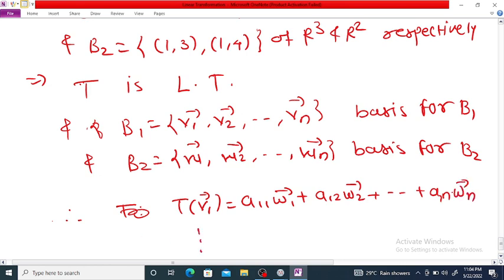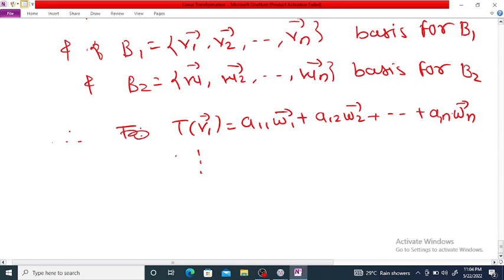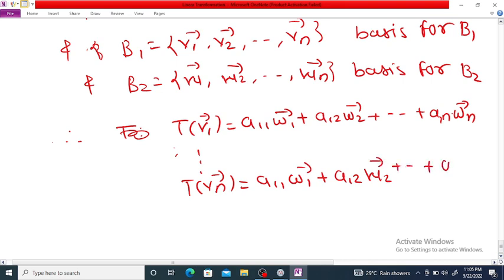Similarly T of vn bar can be written as an1 w1 bar plus an2 w2 bar plus dot dot dot anm wm bar. Maybe we use m here instead of n, since the dimension may be different.